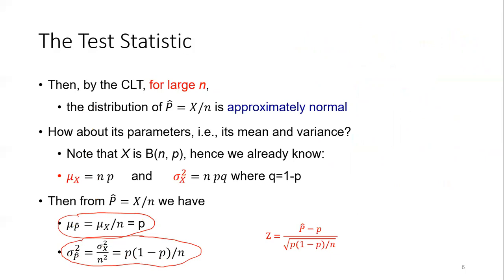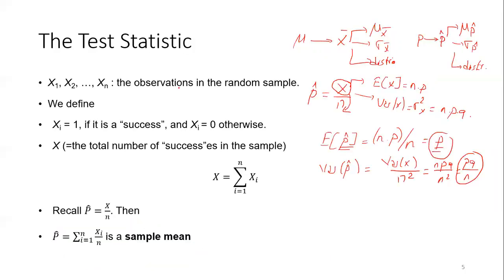One good thing is that p hat is equal to the sum of xi over n. So just look at this: you just sum the values of xi and divide by n. So in fact this is a kind of sample mean.